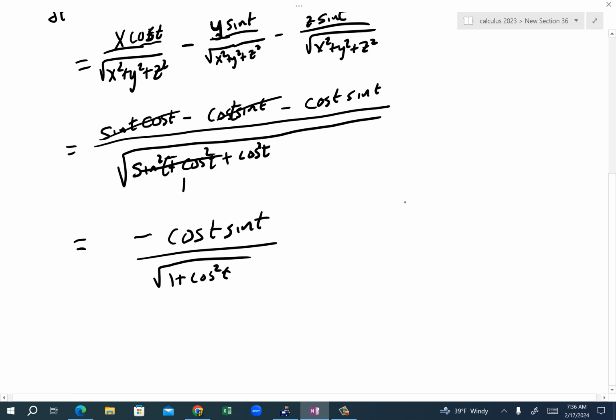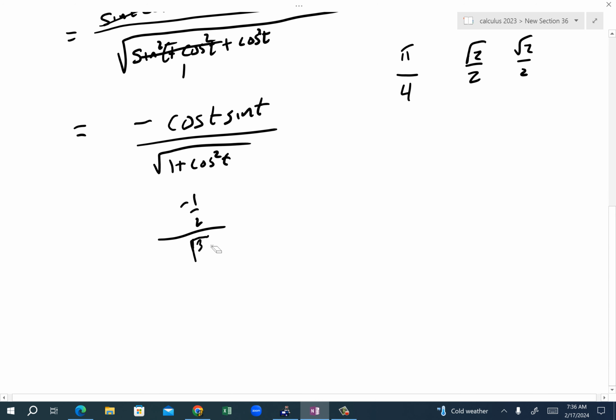Let's do 45 degrees or pi over 4 if you prefer, which is, of course, root 2 over 2 for both sine and cosine. So we plug them in, and it's negative a half on top. On the bottom, you're going to have a half plus 1 is 1.5, which is 3 over 2, the square root of 3 over 2.